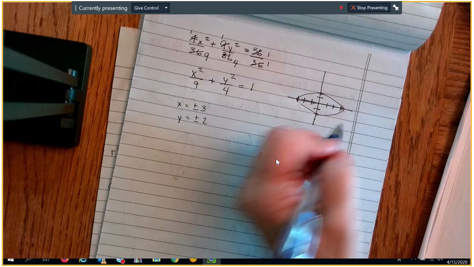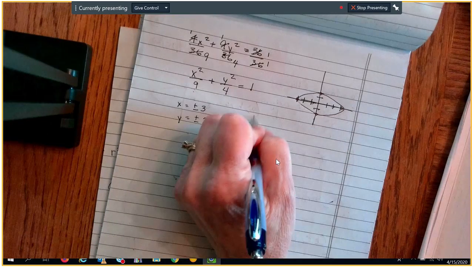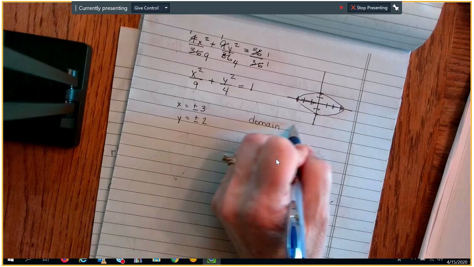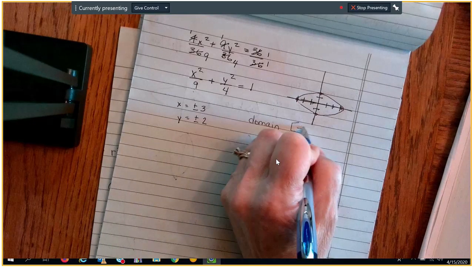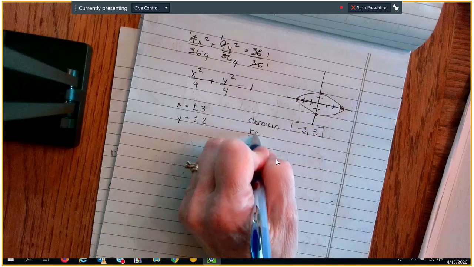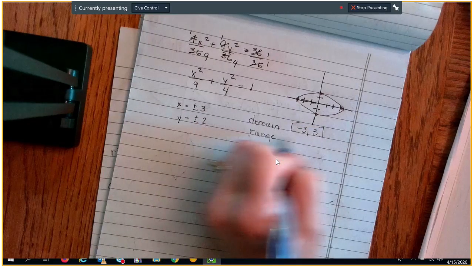So for this, we're always asking for the domain. The domain is going to be -3 to 3. The range is going to be -2 to 2.